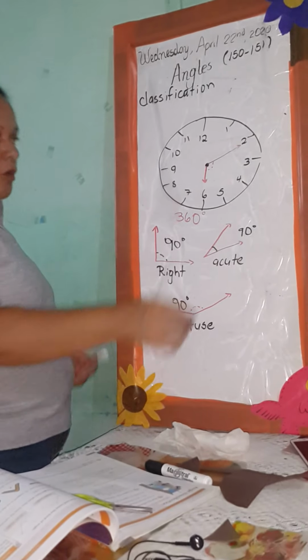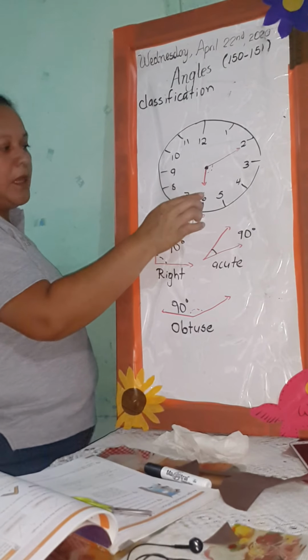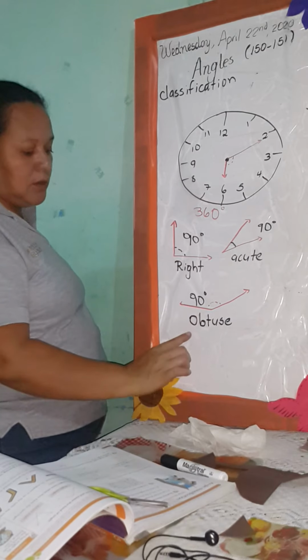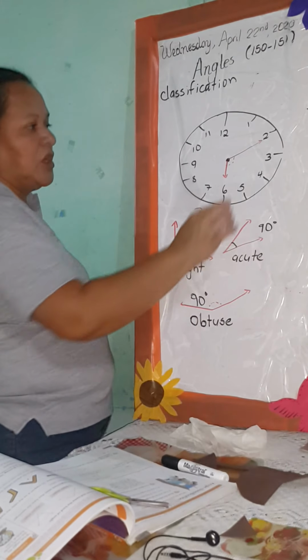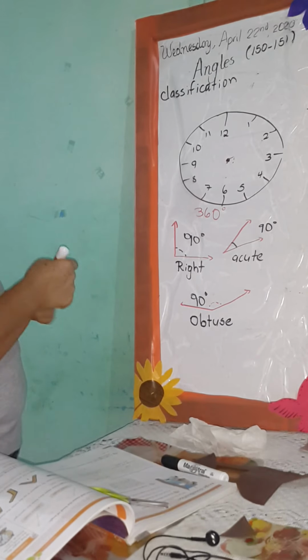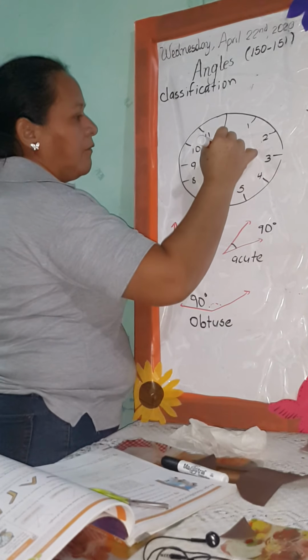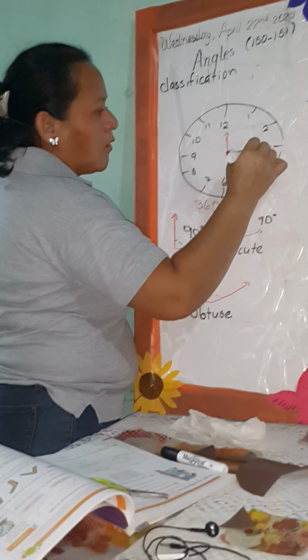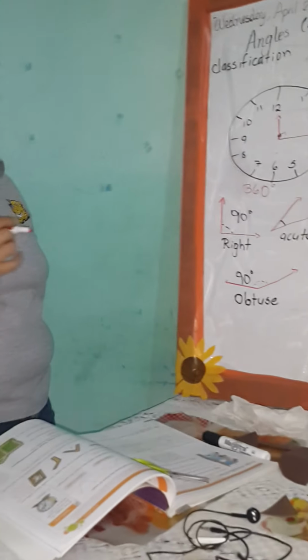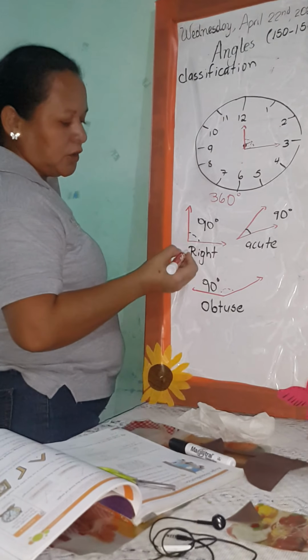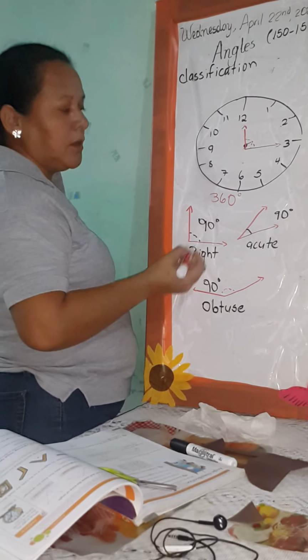Let's go back to the clock. I said that if now is 6:10, I have what kind of angle? Obtuse angle. But if I change the time, imagine that it's not 6:10. It is 12:15. What kind of angle do I have here? Correct. I have a right angle.